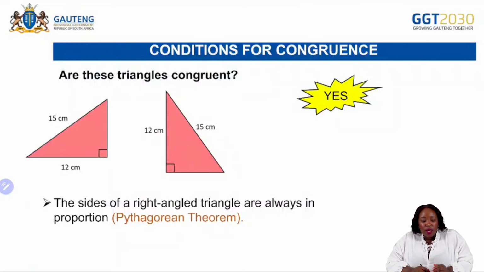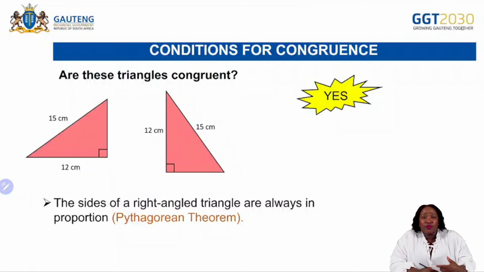That's the proportion. So your hypotenuse will always be the longest side, and it will always be opposite your right angle. Okay, but also because you can use Pythagoras to find the third side, and in this case, your two sides here, your hypotenuse and one of the sides, which you will call the adjacent side or the opposite side, are equal.